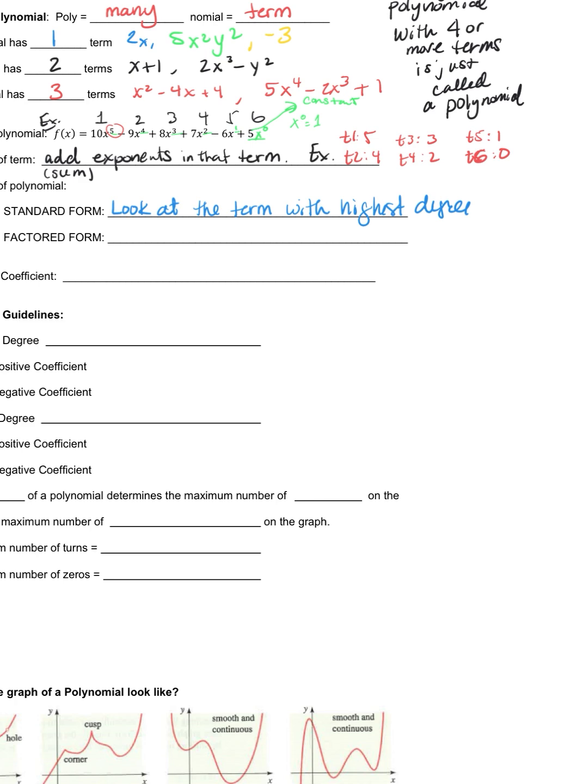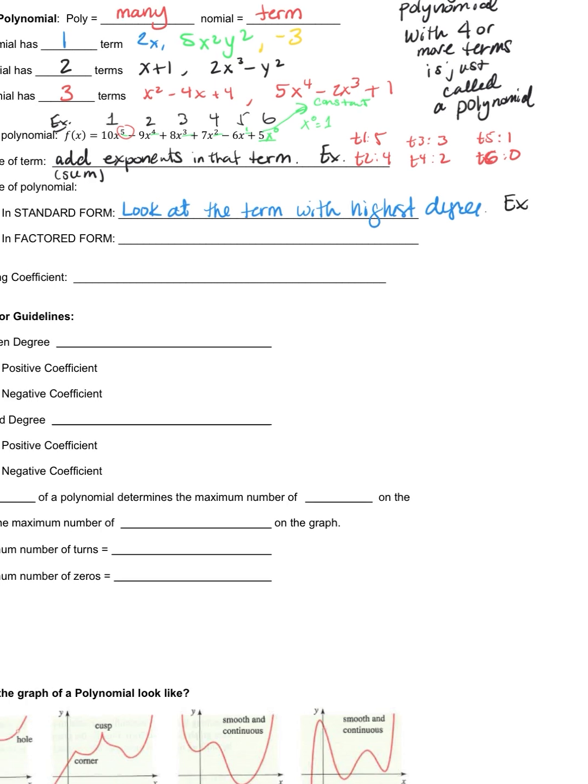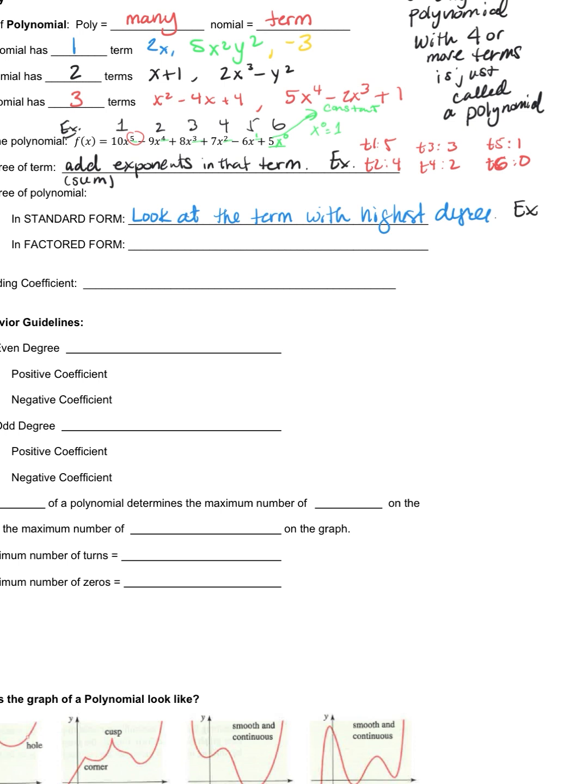So for this example up here, if I look at the highest degree, for me it is this one right here, 5, because all of these are 5, 4, 3, 2, 1, 0. So the highest degree for this entire polynomial is 5.